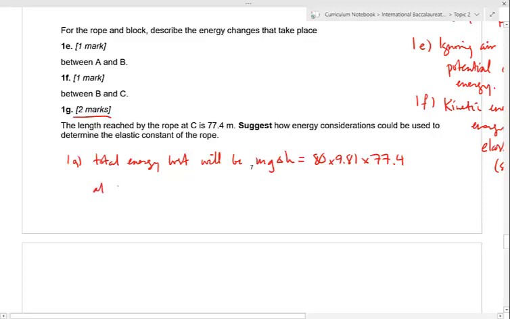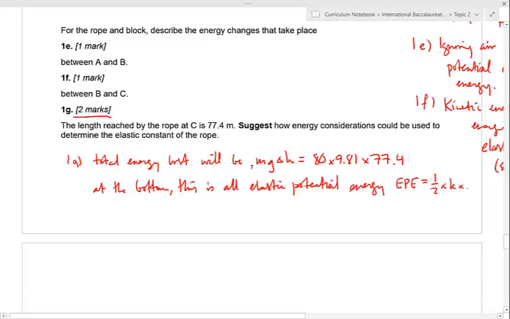At the bottom, this is all elastic potential energy. EPE equals half times k times x squared.